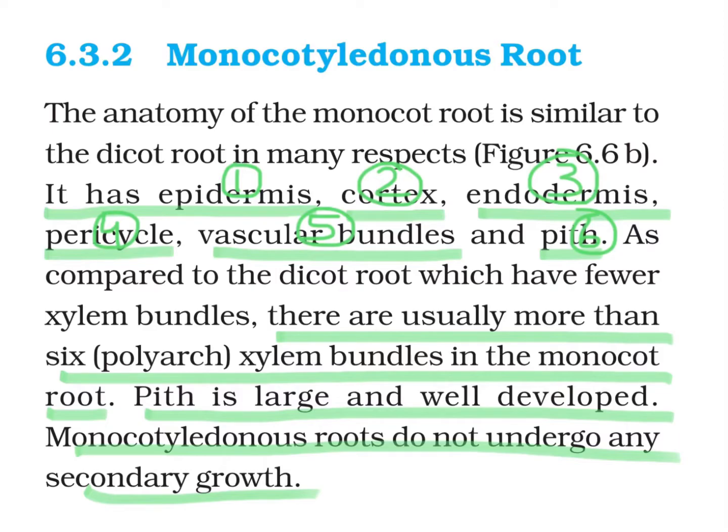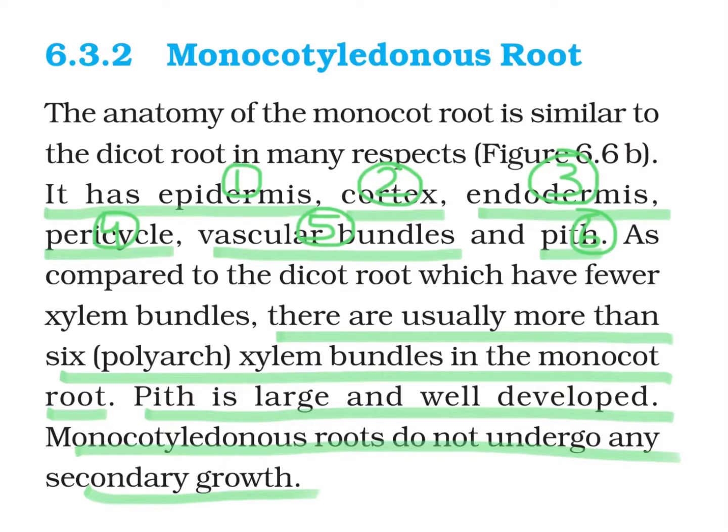So here the condition is polyarch. Poly means many, and mostly the xylem bundles in monocot roots are present just like they were in dicot root. But here the pith is larger as compared to dicot root, and also well developed.